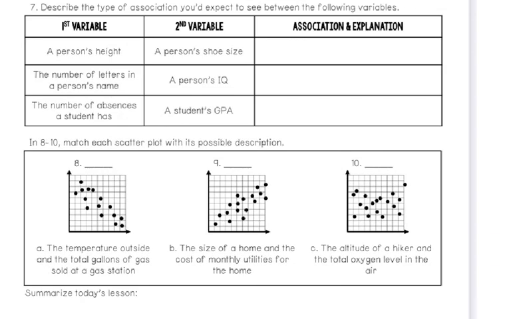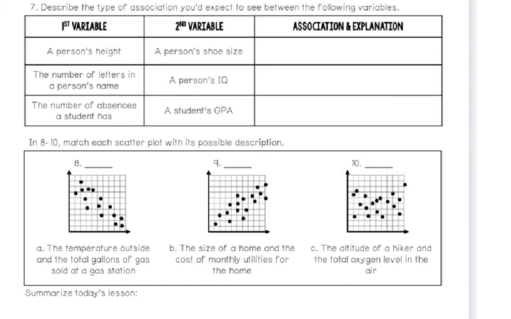Here we go. On the second part of that page, it says describe the type of association you'd expect to see between the following variables: a person's height and a person's shoe size. Typically speaking, and of course this doesn't apply to everybody, we would tend to see a positive relationship. As a person gets taller, their shoe size generally increases.